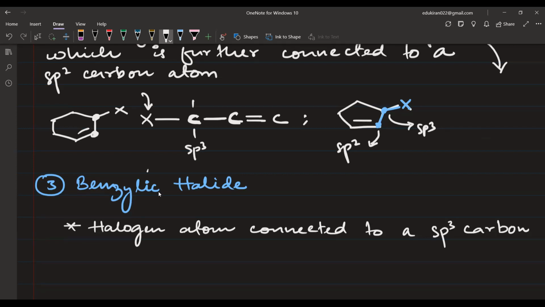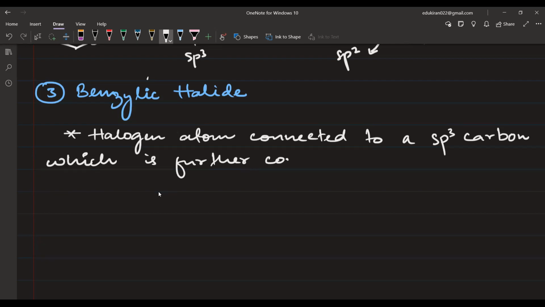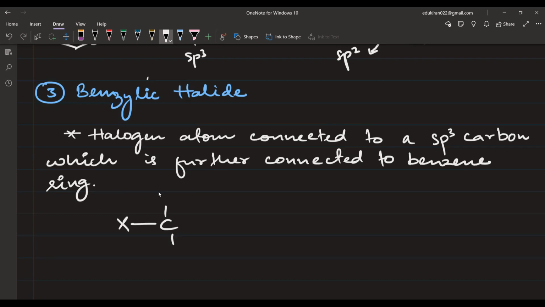In your head, please make X connected to a carbon which is having all single bonds. Halogen atom connected to sp3 carbon, which is further connected to benzene ring. So I have halogen atom connected to a carbon atom which is having all single bonds. This carbon atom is further connected to a benzene ring.